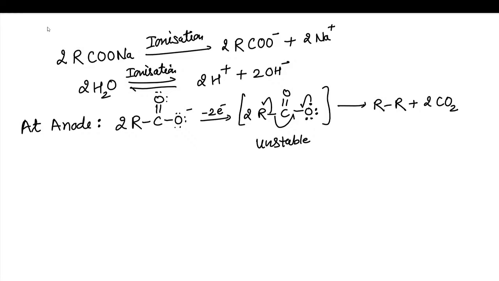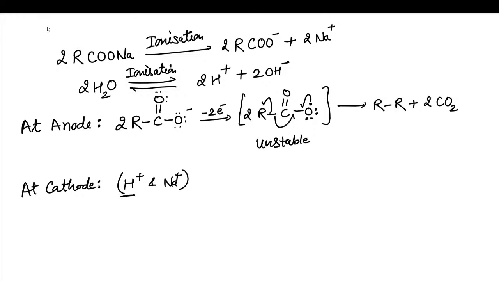Now at the cathode, we have H plus and Na plus. H plus and Na plus move towards the cathode. Now the electrode potential of H plus is higher.